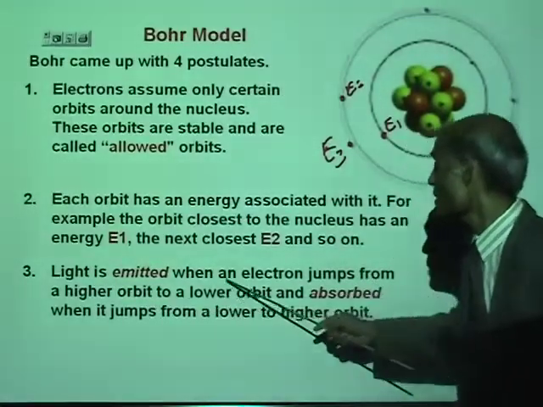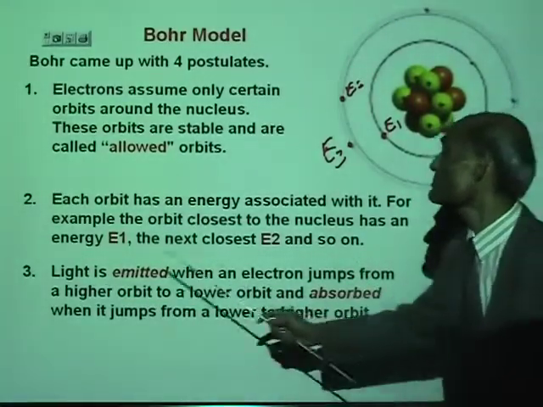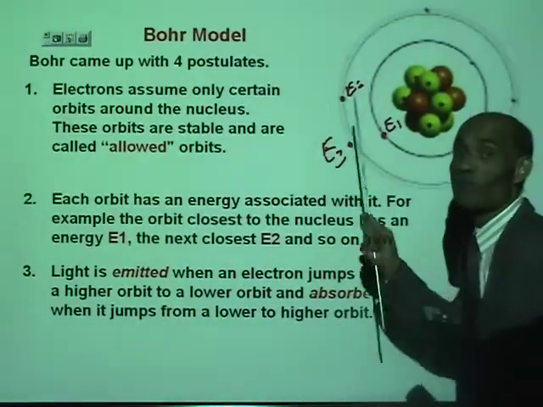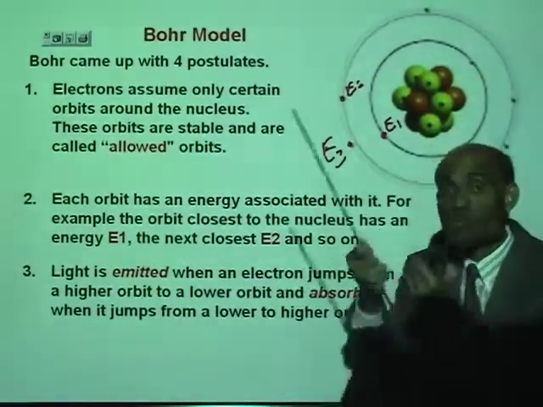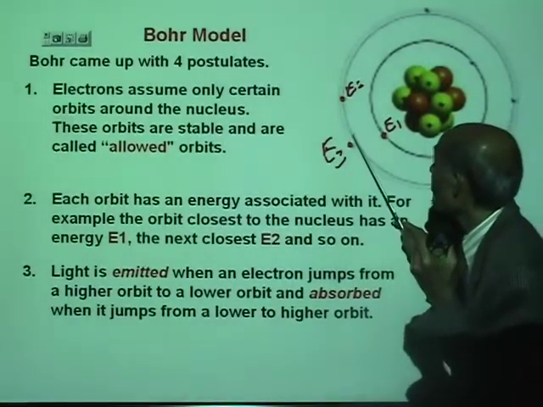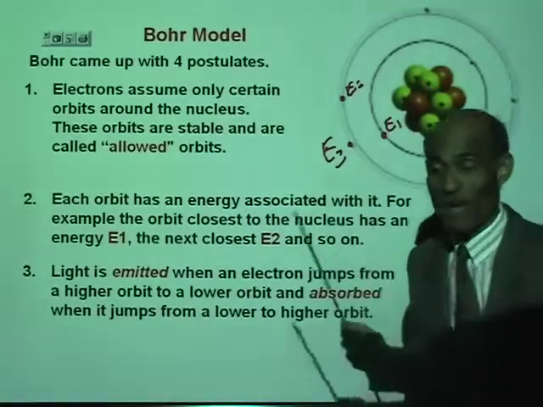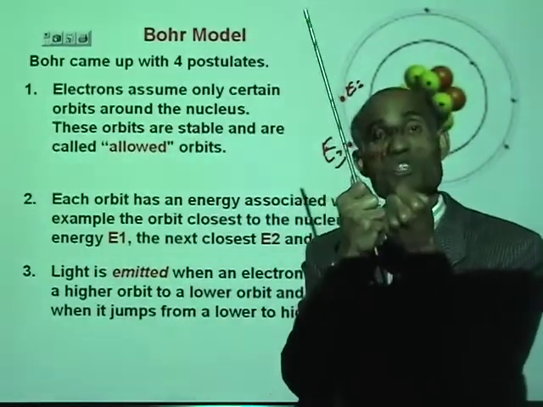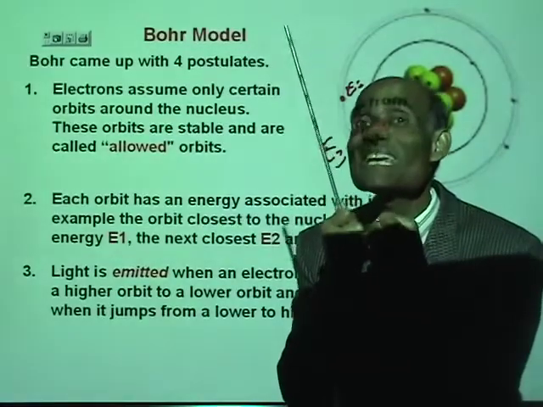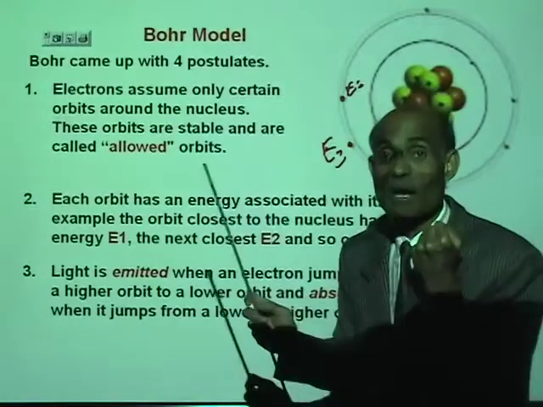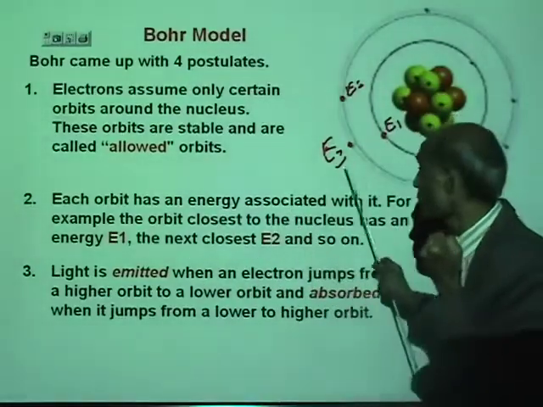Light is emitted when an electron jumps from a higher orbit to a lower orbit. And light gets absorbed when an electron jumps from a lower orbit to a higher orbit. That means atoms can absorb energy. Now, very often when you heat an atom, it absorbs energy.